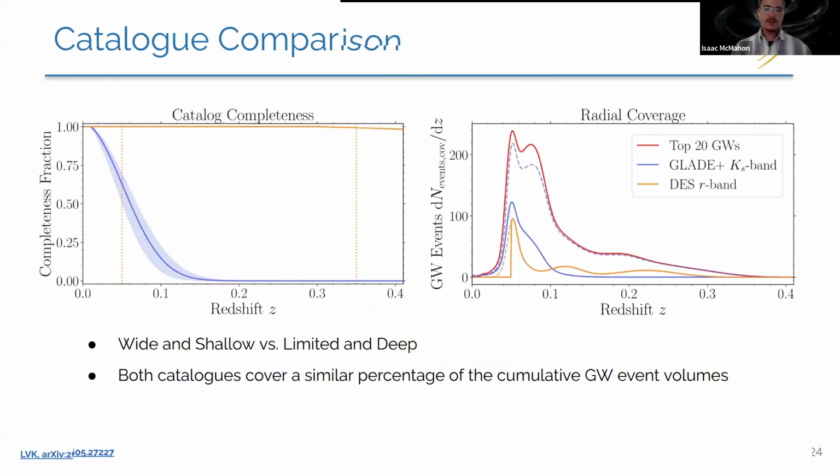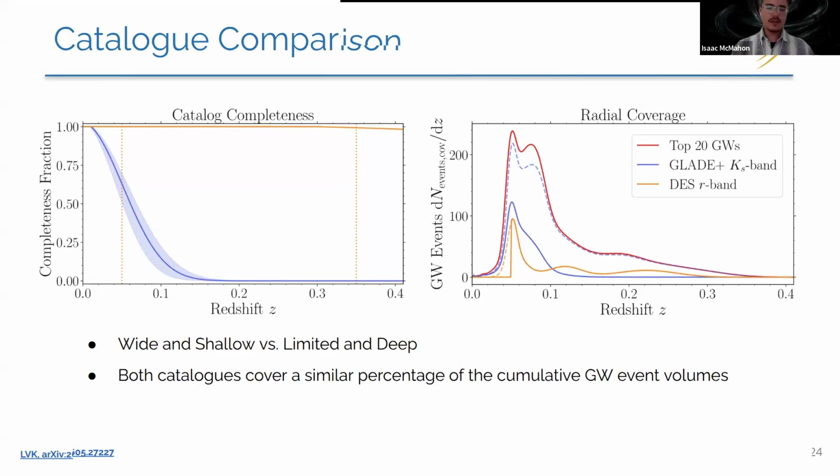To compare these catalogs, I want to show these plots just to emphasize this comparison. What we're really doing is comparing a wide and shallow catalog, which is GLADE+, to a limited and deep catalog, which is the Dark Energy Survey. On this left plot here, this is a plot of the completeness as a function of redshift. So the completeness fraction is a number which tells you what fraction of galaxies that actually exist in the universe are included in the galaxy catalog based on the depth of the galaxy catalog.